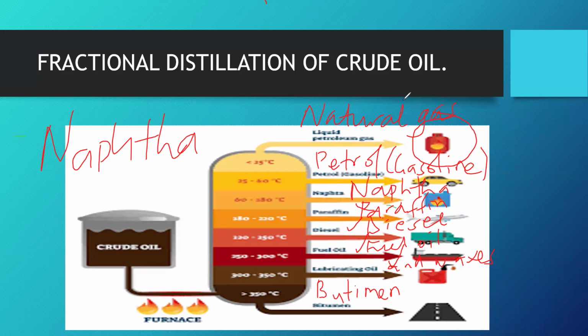Okay. Natural gas is used in gas cookers. Okay, good. Used in gas cylinders, gas cookers. Very good. And then petrol or gasoline.